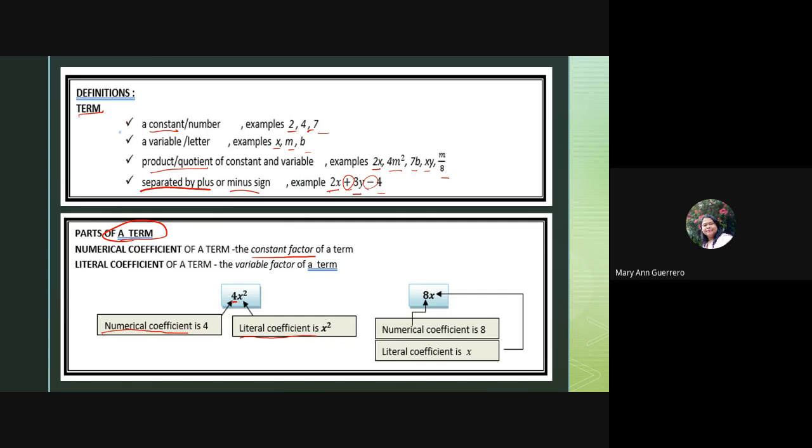For the literal coefficient, this is the variable factor of a term, x squared, kasama yung ating exponent. For example, 8 times a number: the constant factor is the numerical coefficient, which is 8, and the literal factor, x, is what we call the literal coefficient.